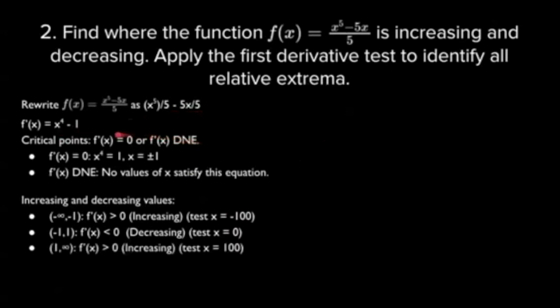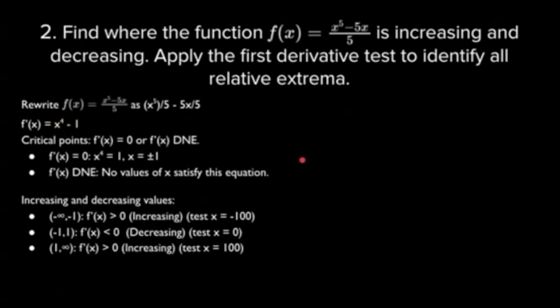And then finally, we have the interval 1 to infinity. And if we plug in any number from 1 to infinity, not including 1, of course, then we'd get a number greater than 0. So it's increasing, and a test value would be 100.